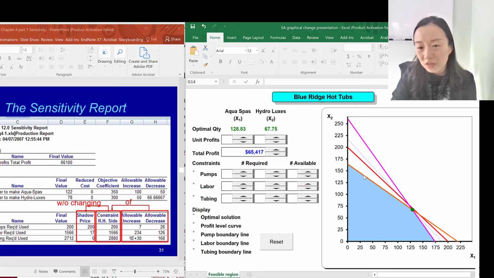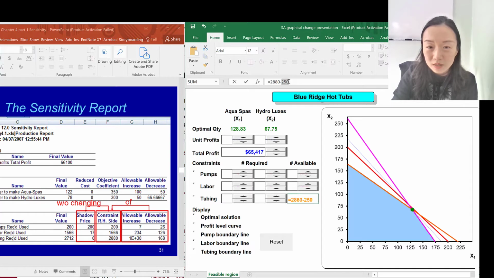Let me make it even bigger so you can see this. So you see here, this red line becomes redundant. It moved out of the feasible region. This actually happened when we decrease the right-hand side of the third constraint by 168.1. If we just decrease by 168.1, it's already happened.